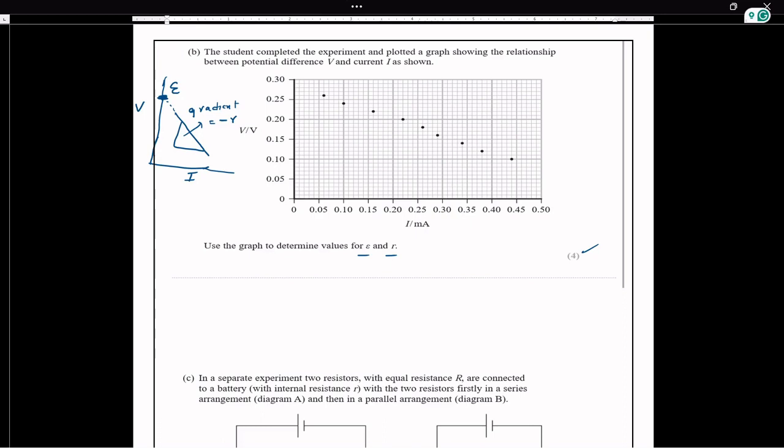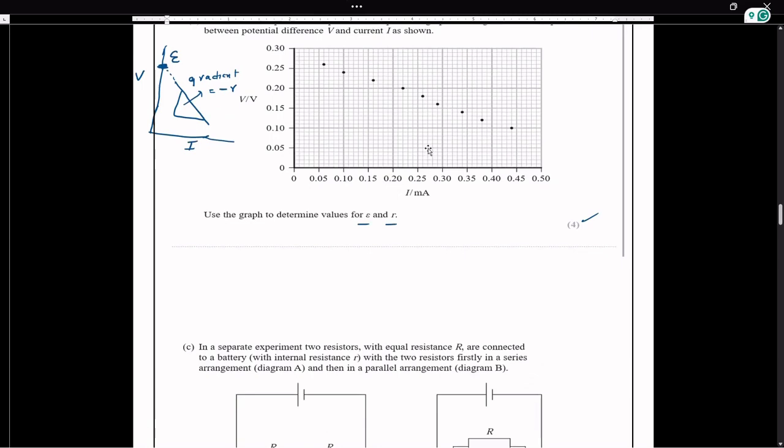This is the method. So let's make use of the same method here. First, you have to draw a line of best fit. Okay, I drew a line of best fit.